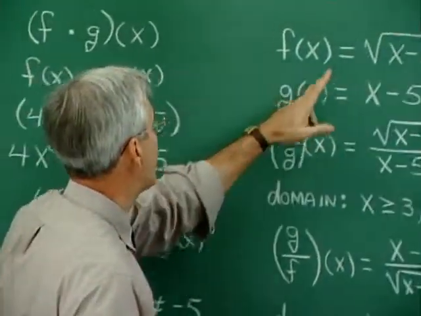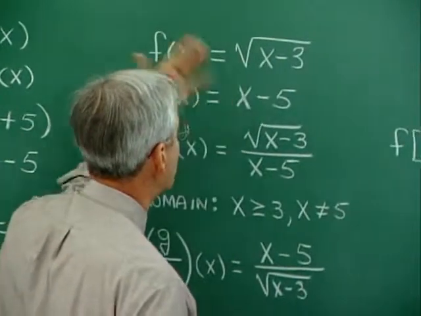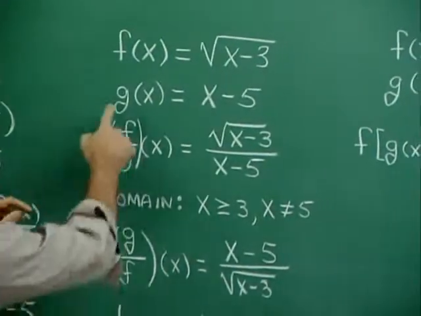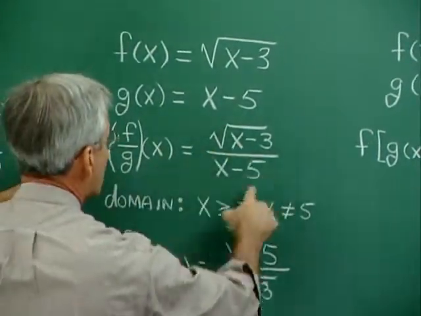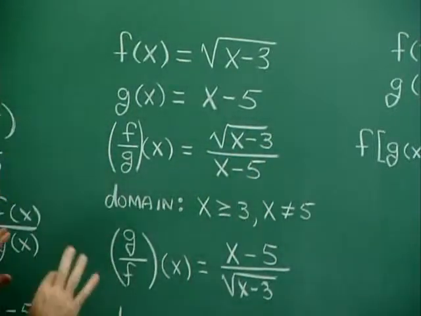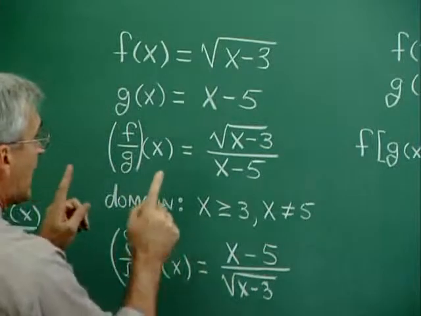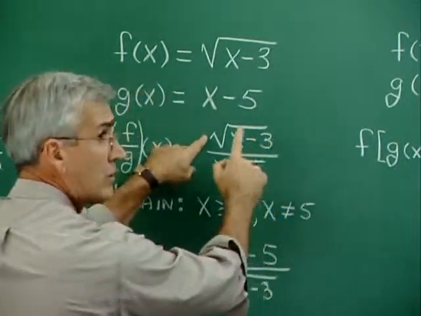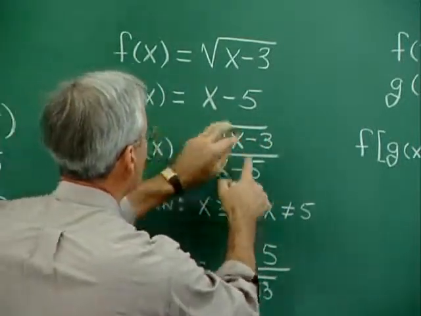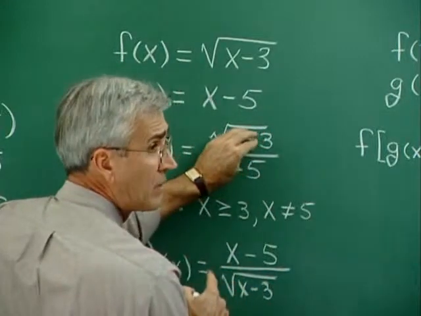Here we have f of x and g of x, different functions now for a change. F over g of x would be this quotient then. And now think about the domain. Well, we have a limitation on the domain in the numerator because we're talking about the square root of a radicand that must be positive or 0.